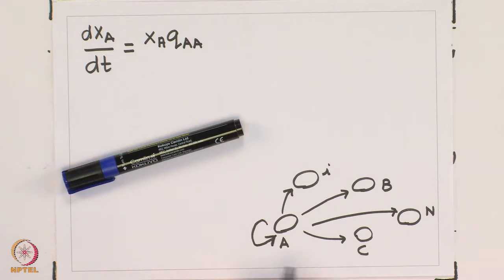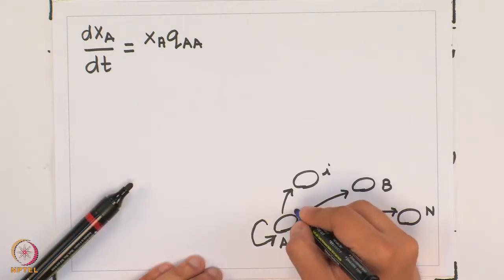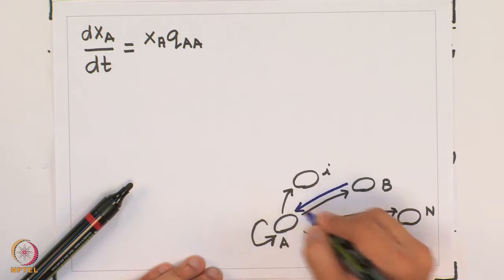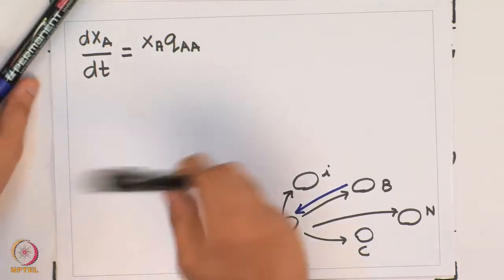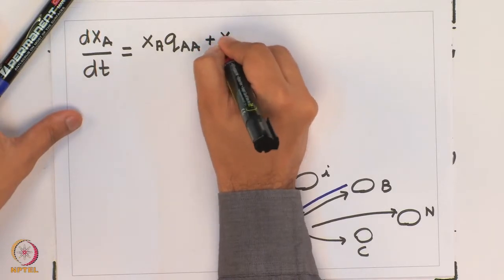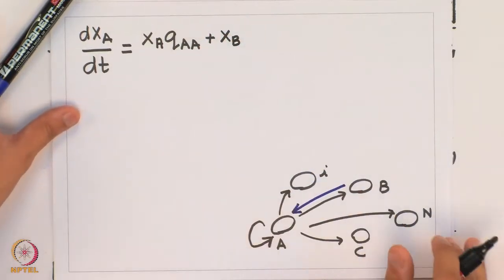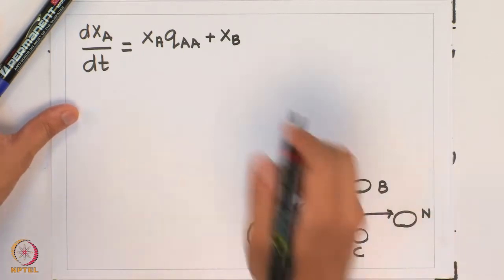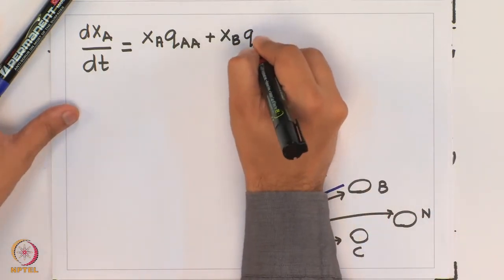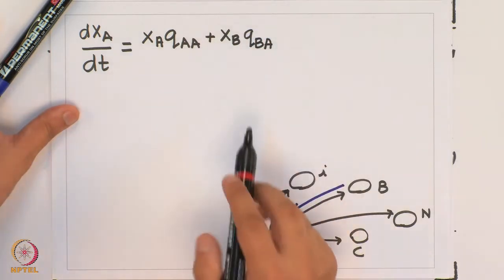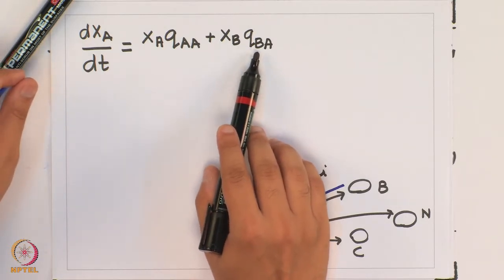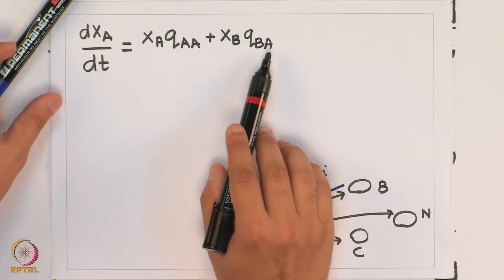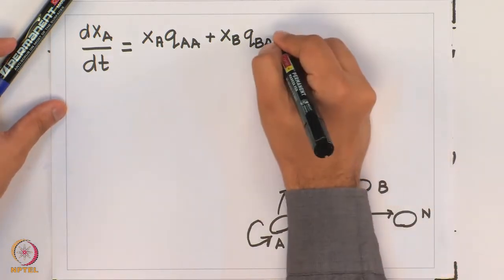Similarly, you are going to have division of progeny of genotype B, and that via mutation may sometimes lead to a progeny which belongs to genotype A, and that's going to be represented by XB, which is the fraction of population which is of genotype B, times QBA, which represents what is the chance that whenever bacterium of genotype B replicates, the progeny belongs to genotype A. And so on and so forth.